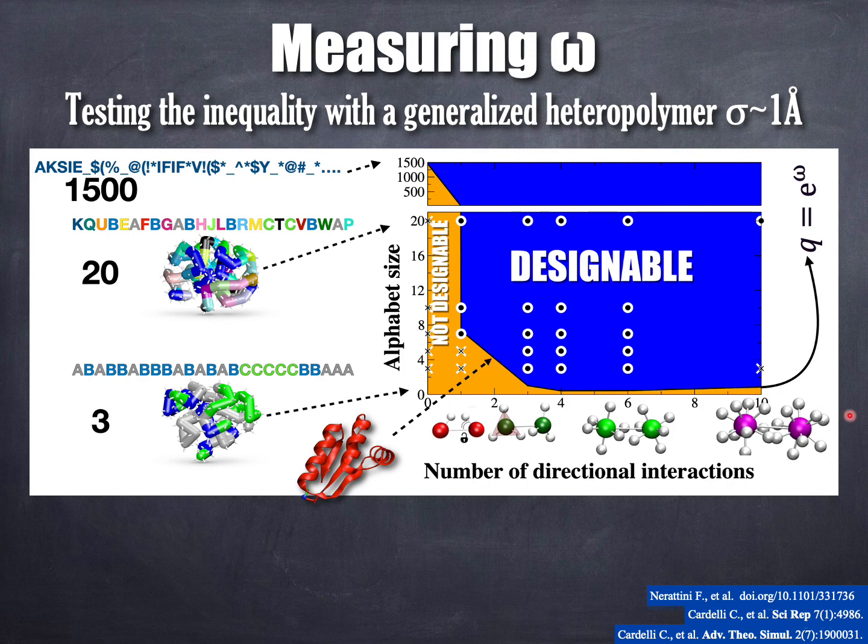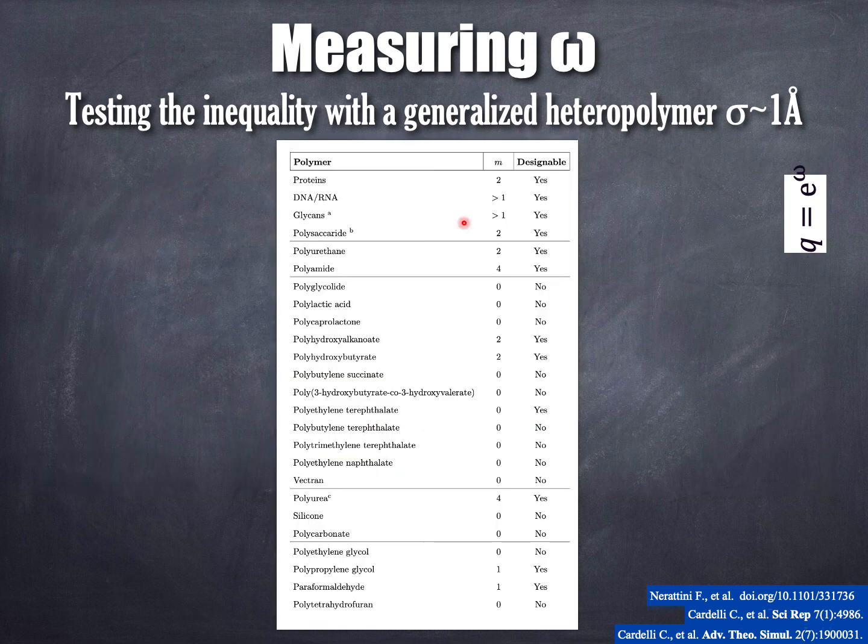So hence a system with no directional interaction can be classified as non-designable, which is a parameter we can use to discriminate between polymer systems as designable or non-designable depending on their number of hydrogen bonds or other types of directional interaction.